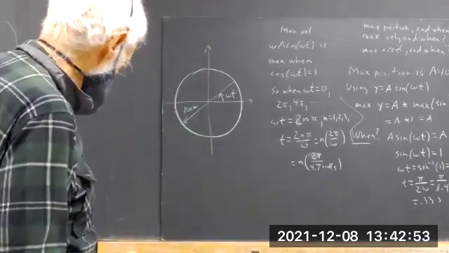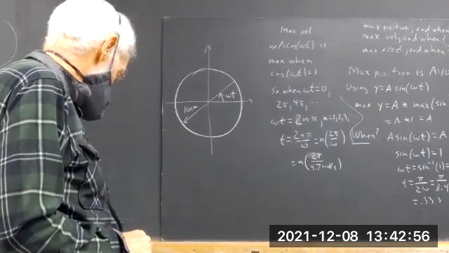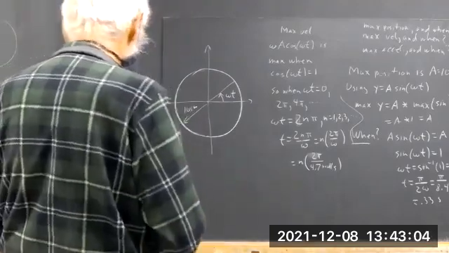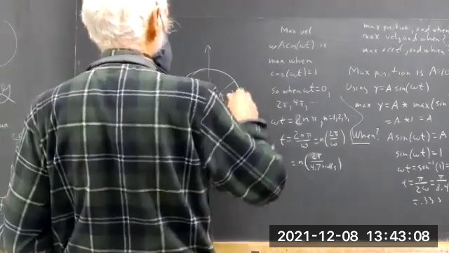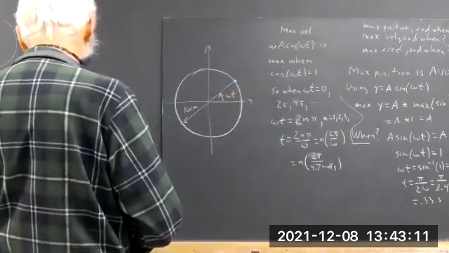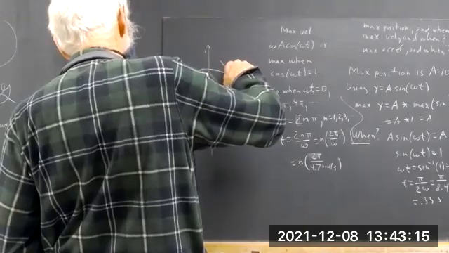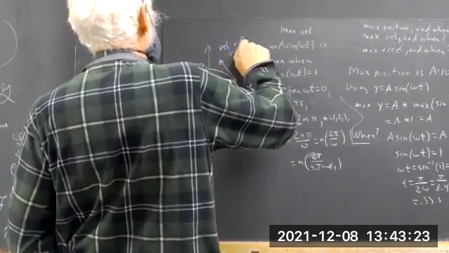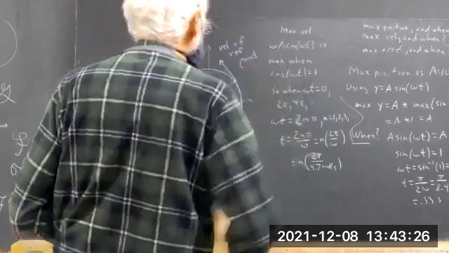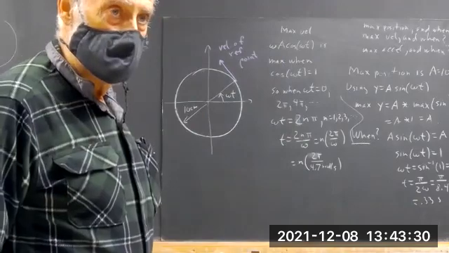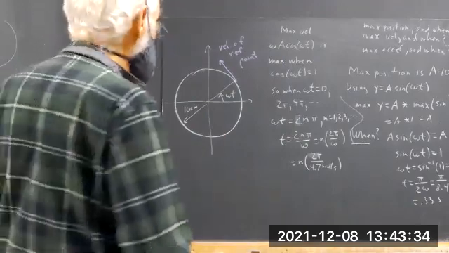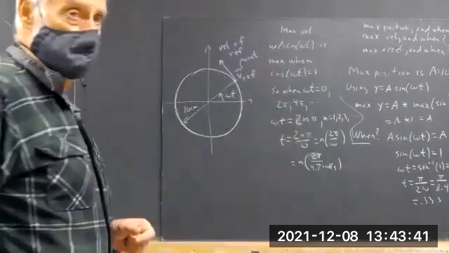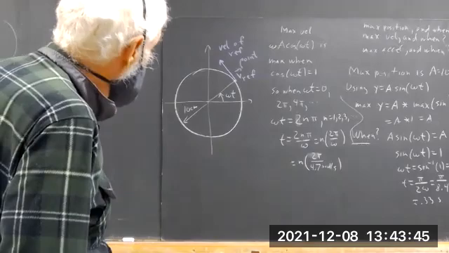Here's omega t. This arrow represents the velocity of a reference point, we'll call that V ref.